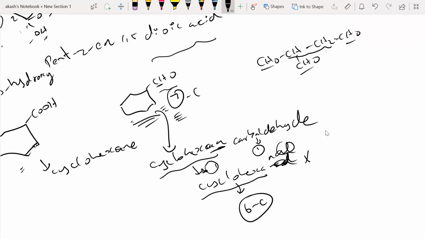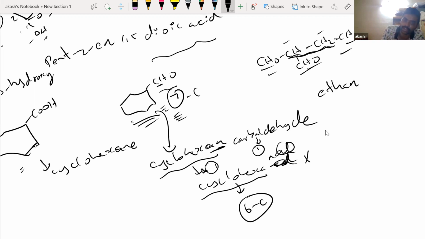So anyways, for people who still don't remember how exactly to do it: you have to forget that the 3 CHOs are there, and other than that, see how many carbon atoms we have. We have only 2 carbon atoms, the CH and CH2. So take only that first. If you write that, you'll write ethane, like how you write cyclohexane for that particular group.